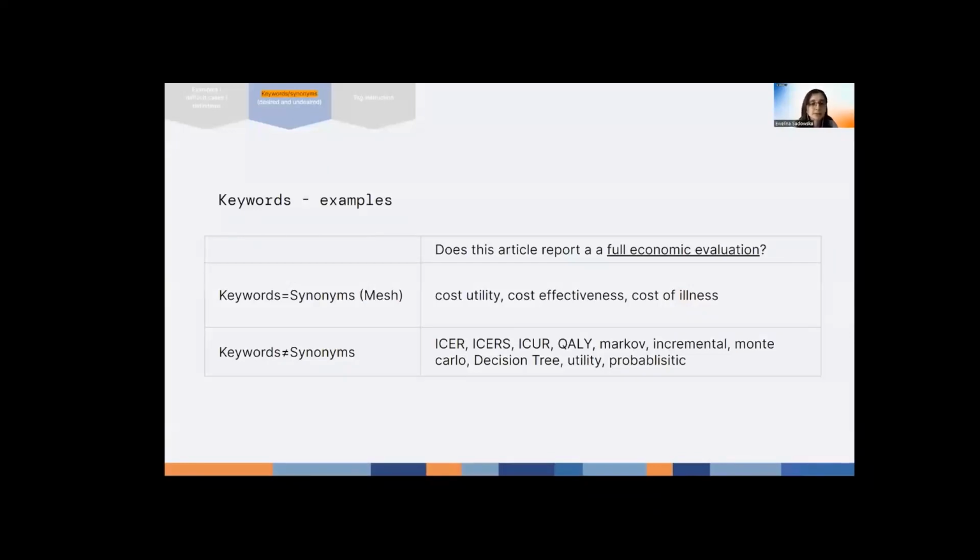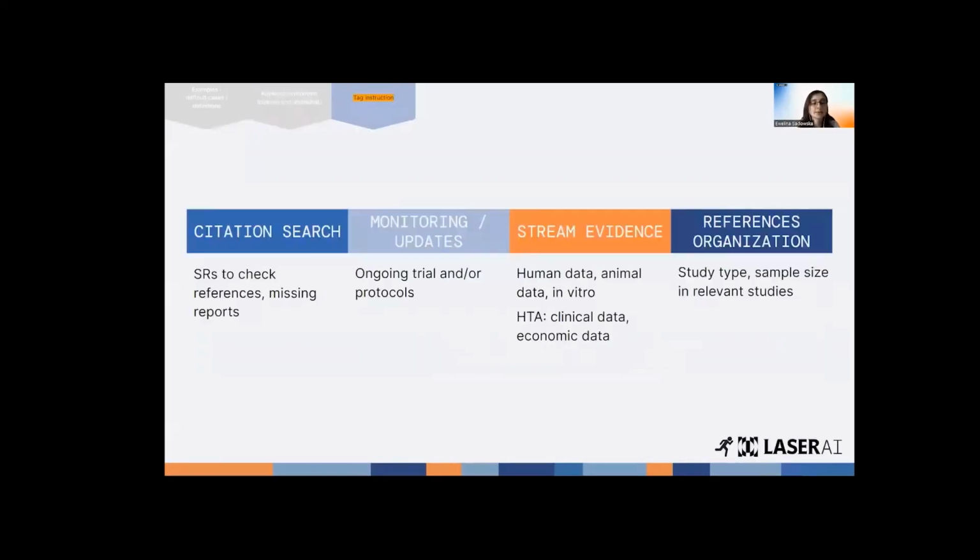In our example, synonym of full text evaluation were found in MeSH, and the meaning is almost the same, whereas keywords are wider concept and include, for example, all words related to the method of economic evaluation estimation, like decision tree or Monte Carlo. And the last component may be tags.